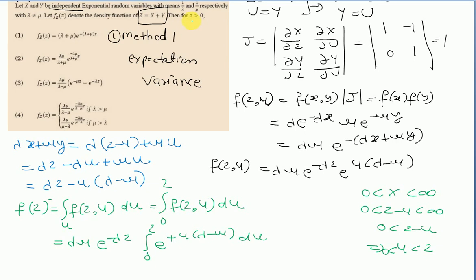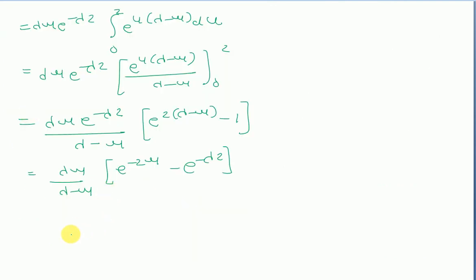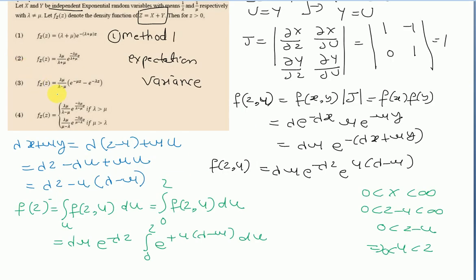Although the range of z is given already, we should know how it came. So finally the density has come to lambda mu upon lambda minus mu, times e raised to power minus mu z minus e raised to power minus lambda z, where z is greater than 0. So your final answer is option number 3.